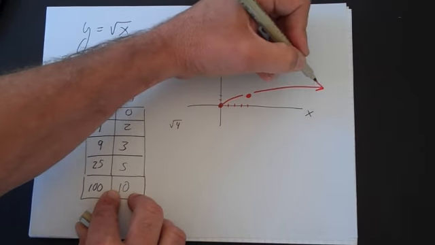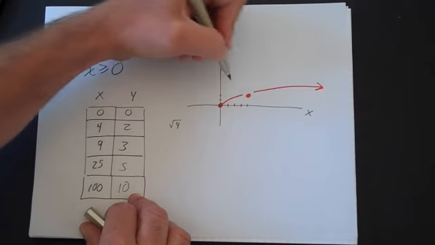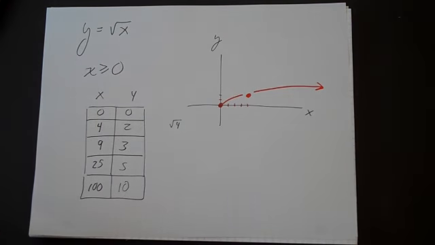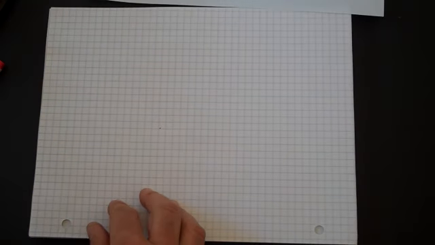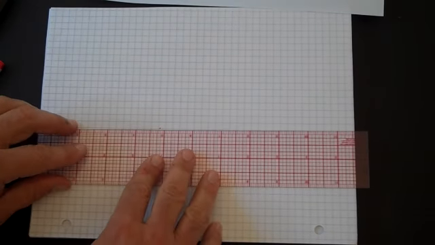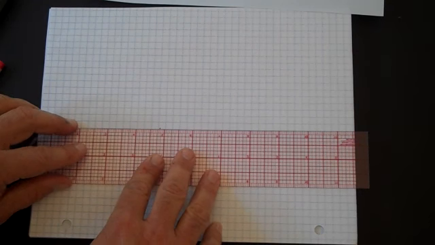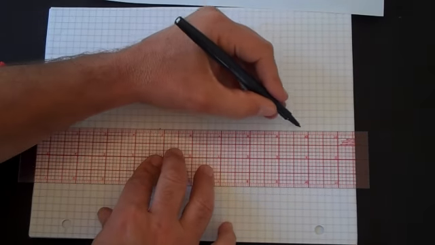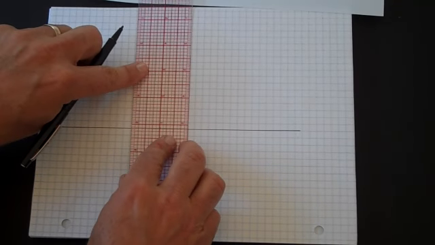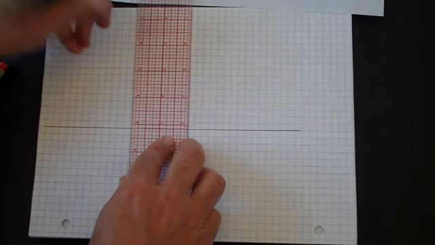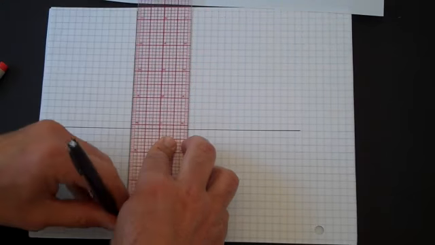So if you go way out here, when x is 100, y is only 10. So that's the basic idea. If we want to do it more carefully on a table, we can, though more often we do these just conceptually, as opposed to actually graphing it out by scale.